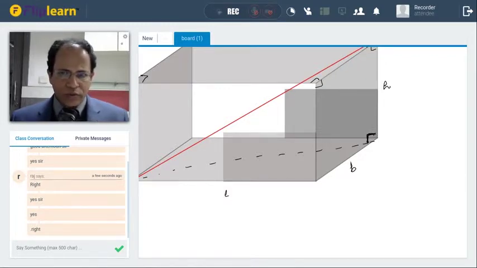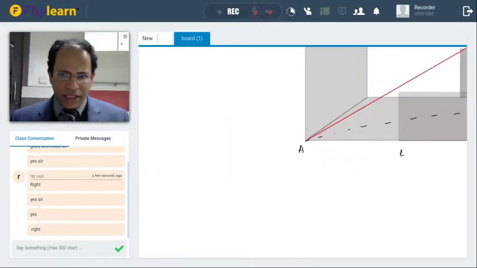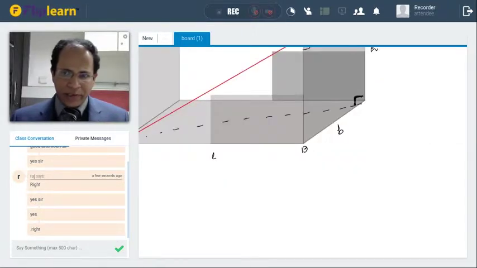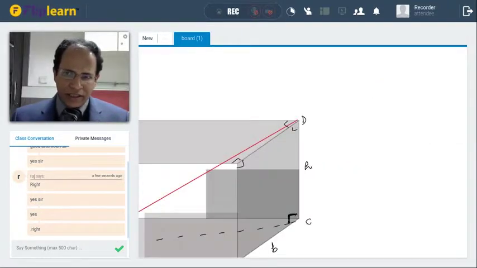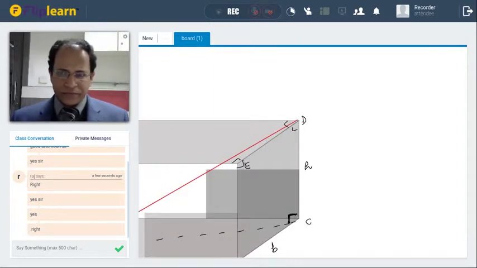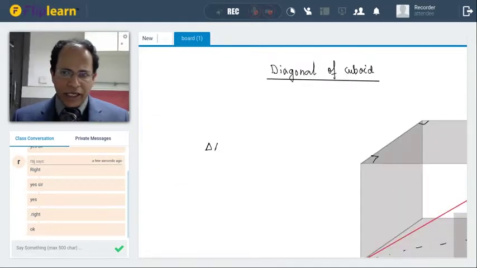So what is this line, student? Let's name it A, let's name it B, let's name it C, let's name it D, let's name it E, suppose, right? This is what we have. Okay. Now, if I talk about the triangle ABC, students, fine. So, what is AC?